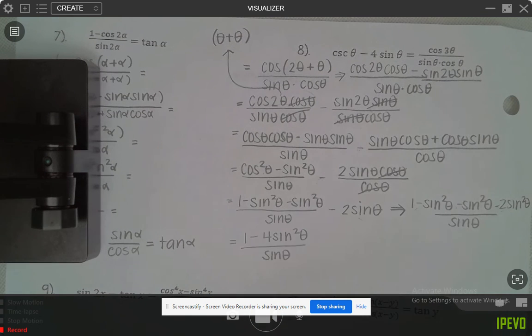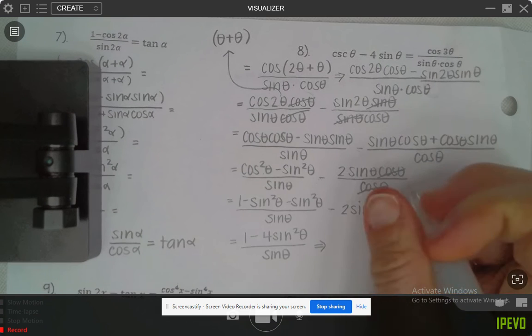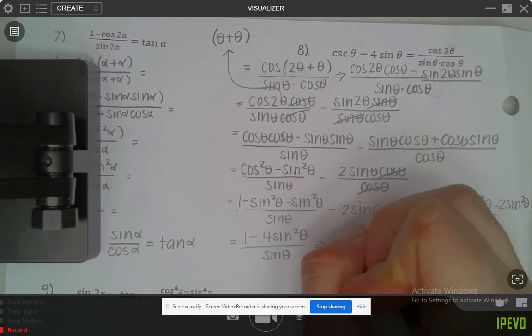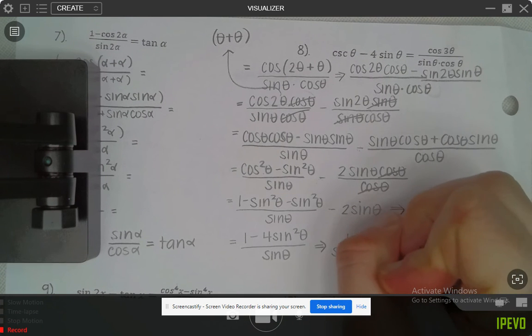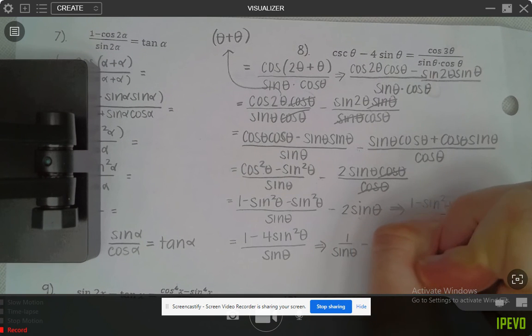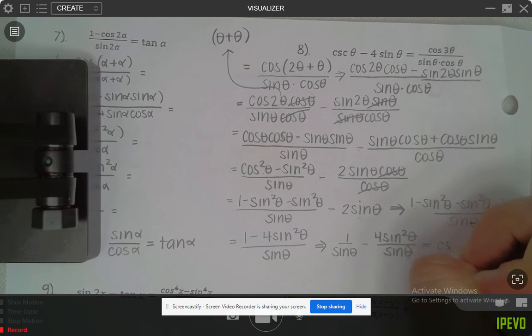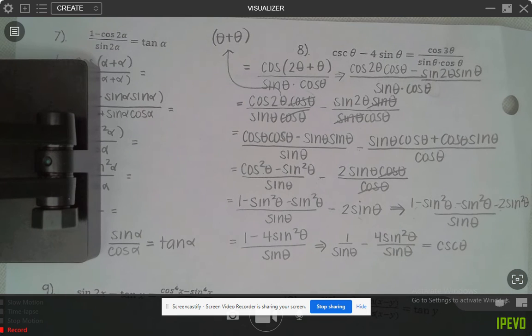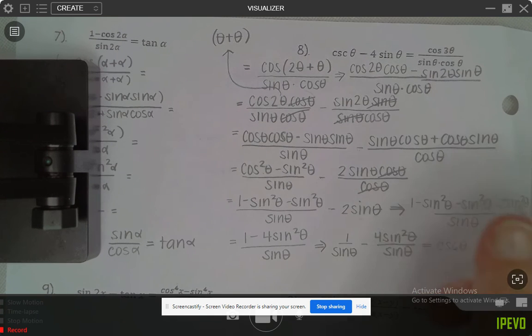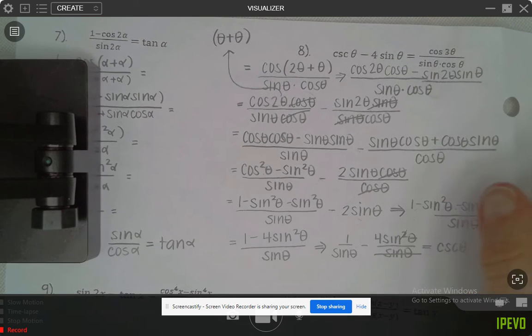Now you split it. So you have 1 over the sine minus 4 sine squared over sine. 1 over sine is cosecant. How do I get just minus 4 sine? You have a squared and a sine that cancel.